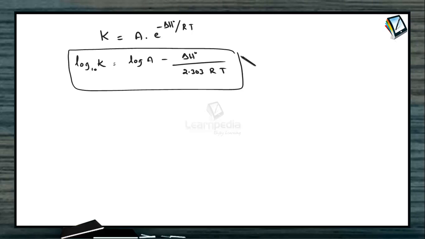This is the one which is relating equilibrium constant K in terms of enthalpy change with respect to temperature and Arrhenius factor A. So this K or Kp is nothing but now partial pressure of carbon dioxide. So log partial pressure of carbon dioxide to the base 10 is equal to log of A minus delta H naught by 2.303 R into 1 by T.